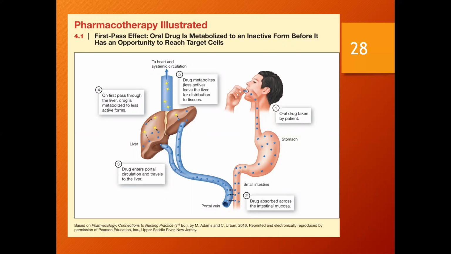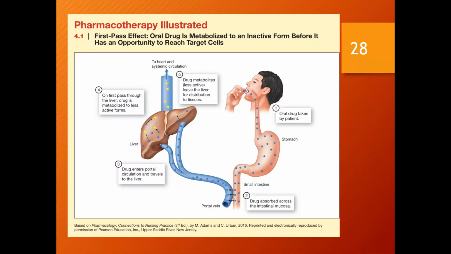Here's another illustration that you'll find in your book. It's on 4.1. It shows the first pass effect. That shows the oral drug is metabolized to an inactive form before it has opportunity to reach its target cell. So as you can see, the person takes the oral medication and it goes into the stomach, down into the small intestine, where the drug is absorbed and crosses into the intestinal mucosa. Then it goes into the portal vein. The drug enters the portal circulation and travels to the liver.